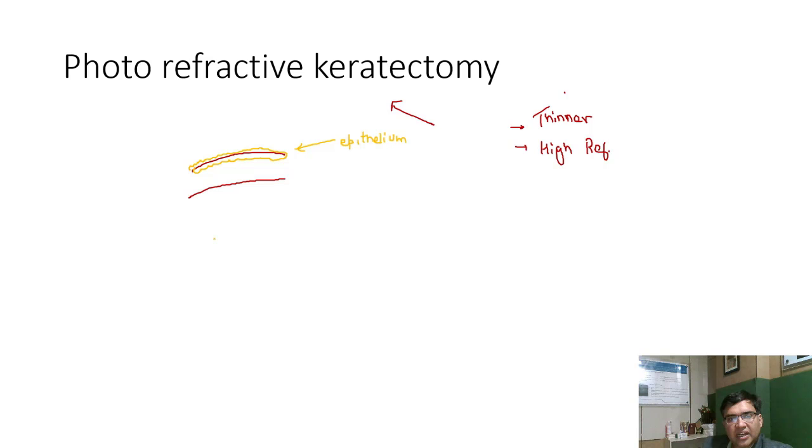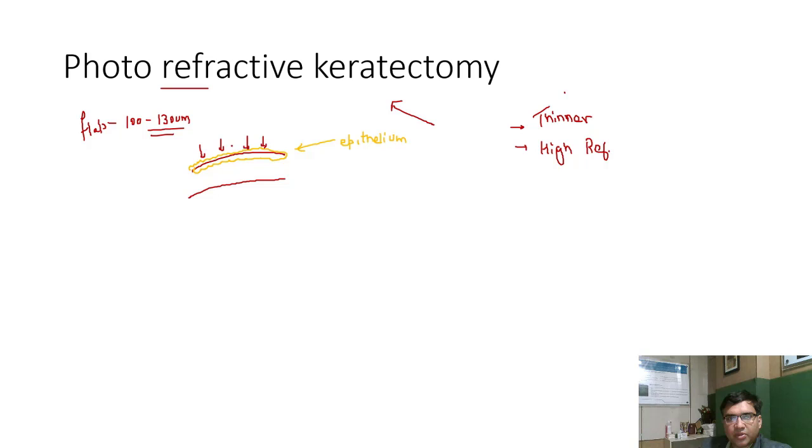After removing the epithelium, I put the laser directly on this bed. The basic advantage is that the flap thickness, which is around 100 to 130 micrometer, is preserved in photorefractive keratectomy.